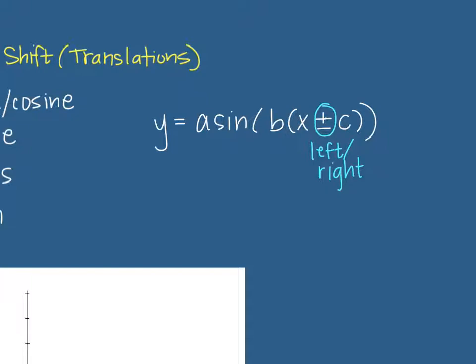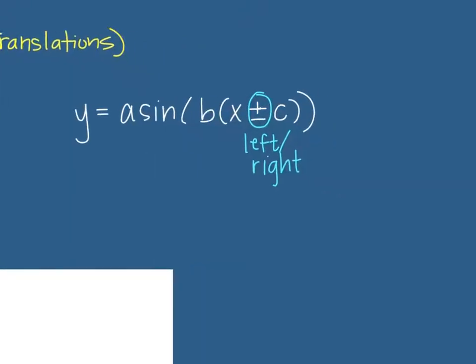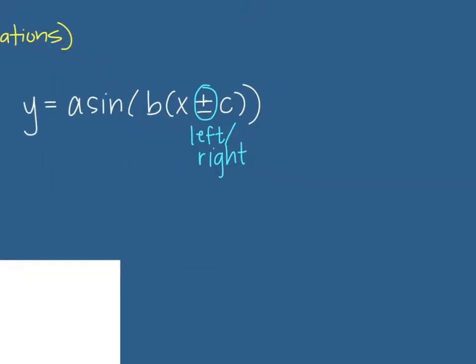How do we control up or down? When it's outside the parentheses. All right, and so up or down would be we have a plus or minus on the outside. And then we have D. And that part right there is controlling the up and the down translation. And the same thing is true for cosine, so there's no different.